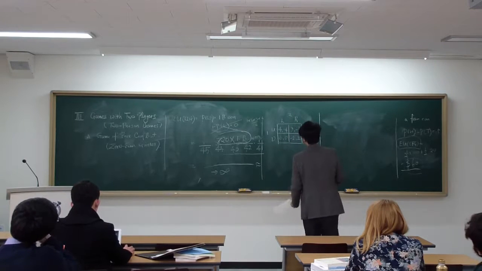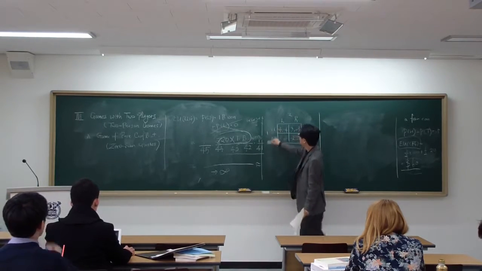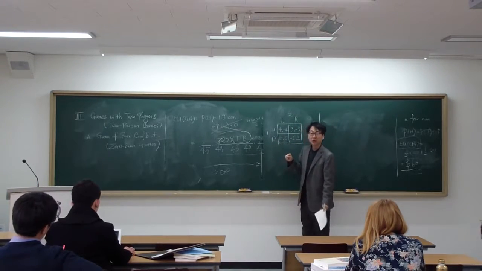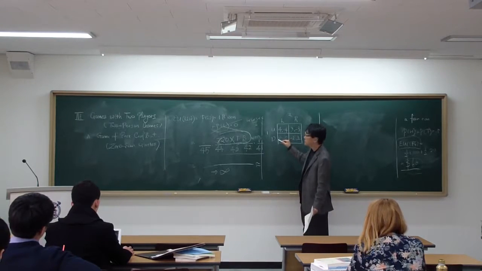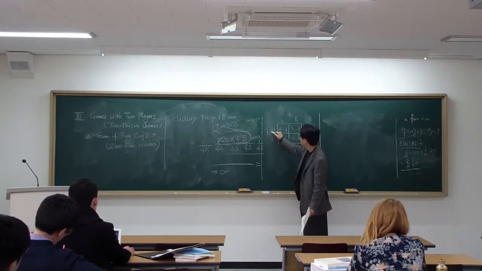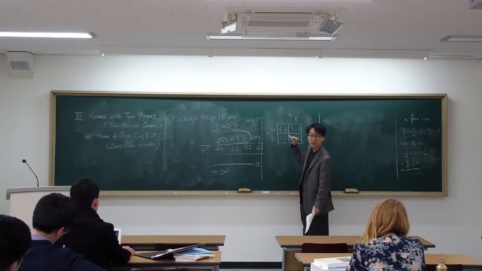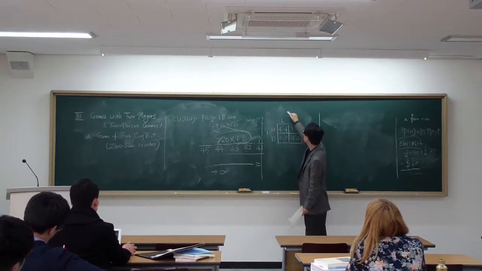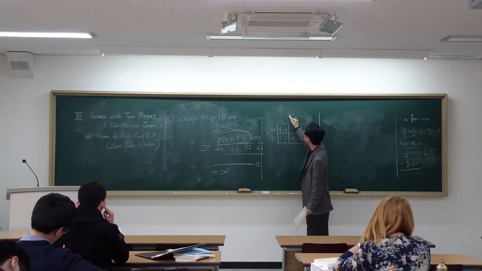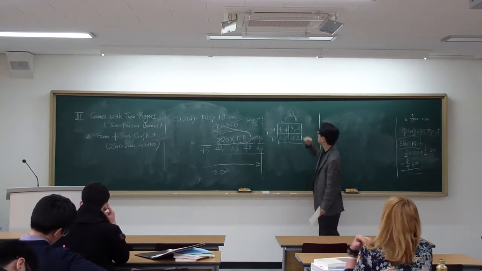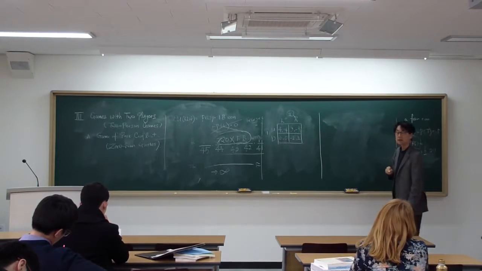So, if you're player 1, all you can do is to choose between up and down. That's it. If you're player 2, then all you decide is to choose between left and right.